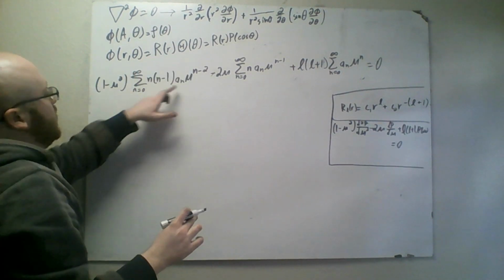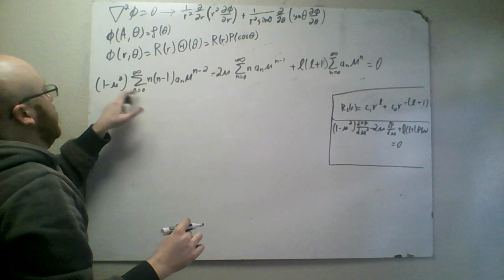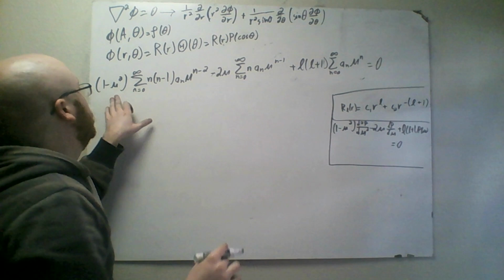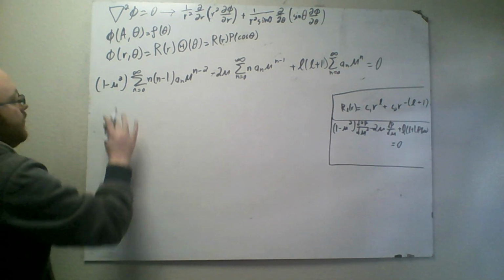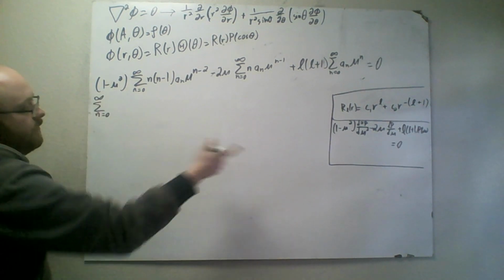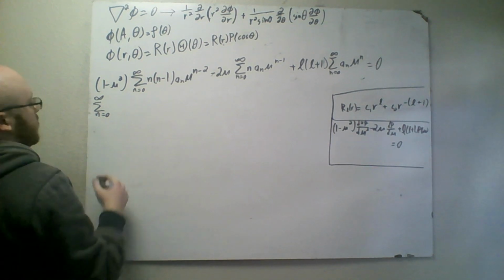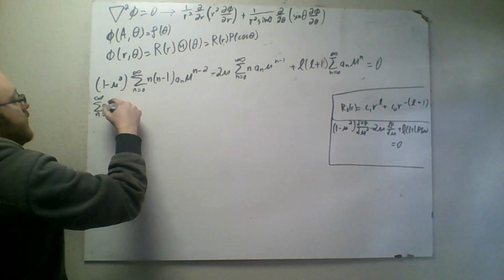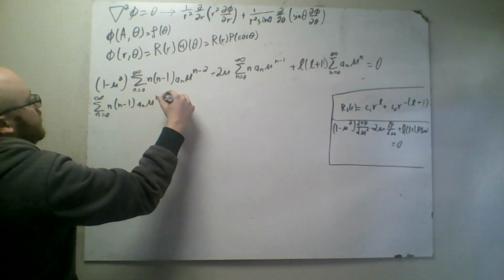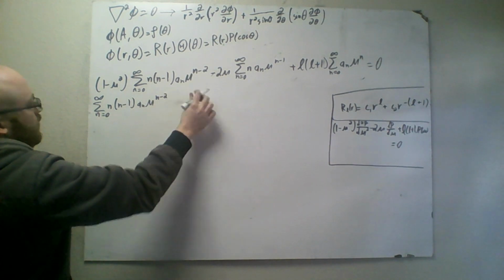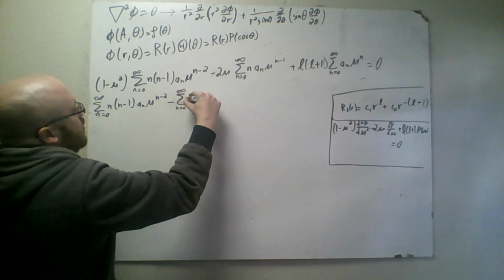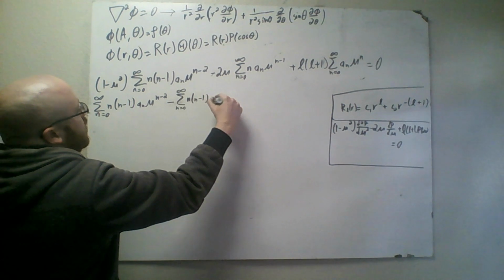Okay, so now I'm going to multiply this into here, and that'll end up giving mu to the n. I'm going to multiply this into here, and then I'm going to break this up into a few things. So first off, let's just multiply the 1 out. This becomes the sum, n equals 0 to infinity, of n times n minus 1 a_n mu to the n minus 2, minus the sum n equals 0 to infinity of n times n minus 1 a_n.